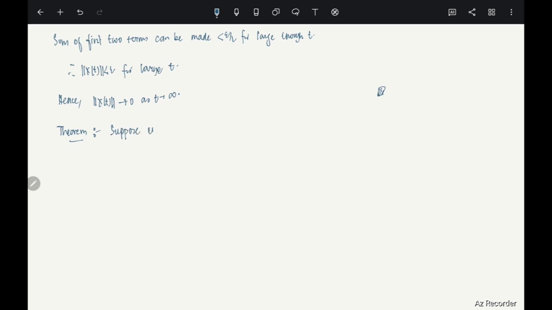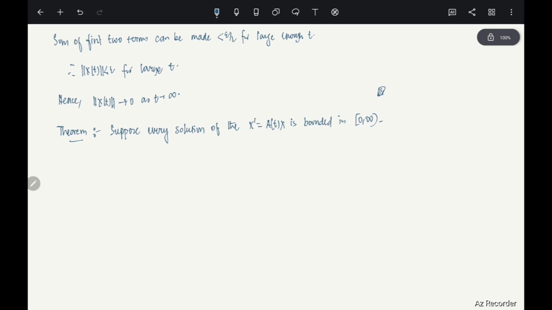Suppose every solution of the differential system x prime equals A(t) times x is bounded in 0 to infinity. Again, why 0 to infinity?